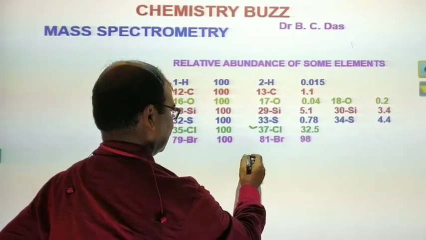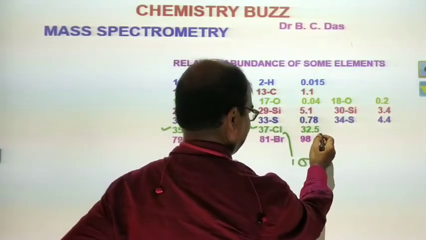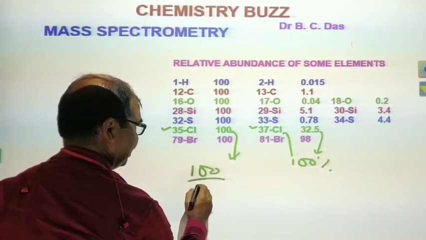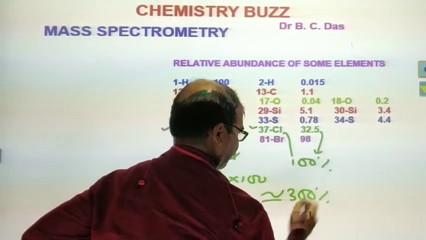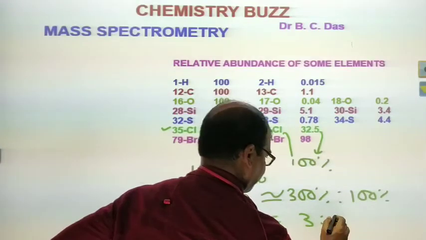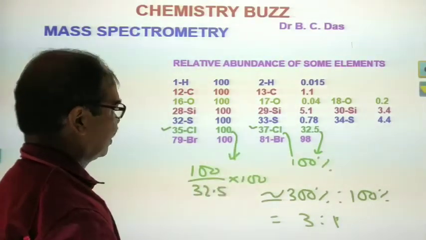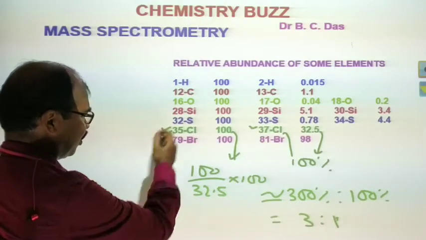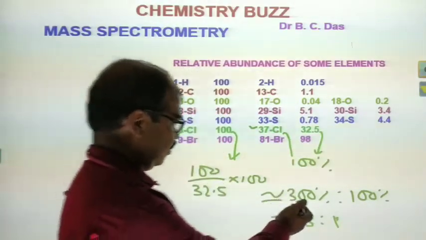We have already discussed that if 35Cl is treated as 100%, then 37Cl is 32.5 divided by 100 into 100, that is almost equal to 33%. So the ratio is 100 to 33, that is 3:1. So if one chlorine atom is present in the compound, it may be 35Cl or 37Cl. The probability of 35Cl is 3 times, and the probability of 37Cl is 1 times.